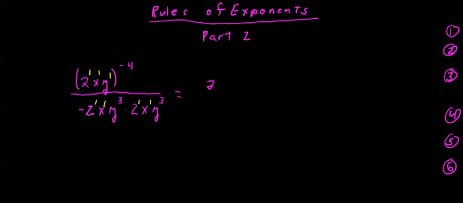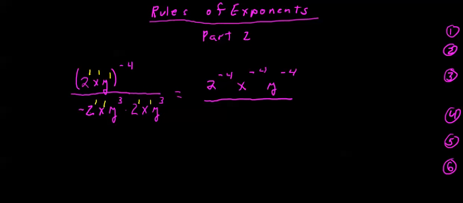This is 2 raised to the negative 4, 1 times negative 4, x to the negative 4, y to the negative 4. When we multiply like bases, we add the exponents.